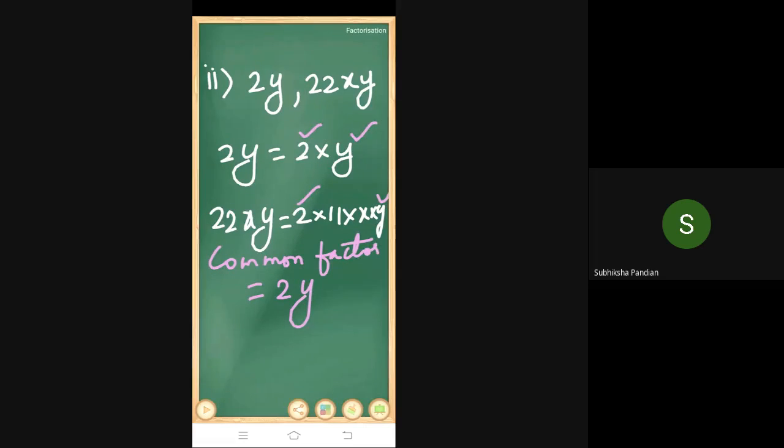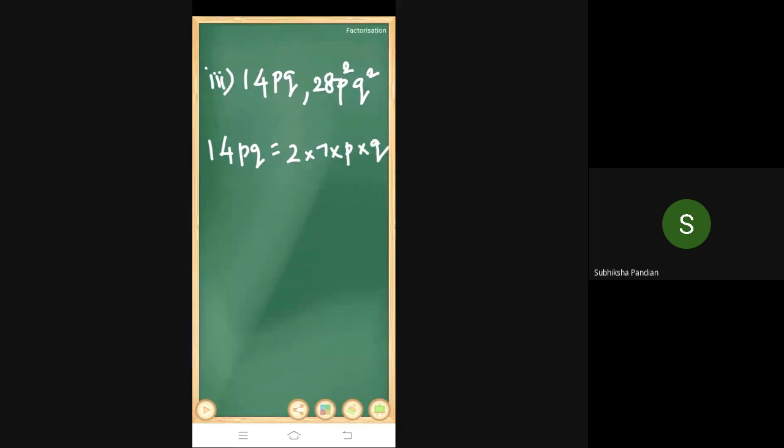So next question, third one. 14pq, 28p square q square. So 14pq means 2 into 7 into p into q. 2 and 7 are prime numbers, children. 2 sevens are 14.